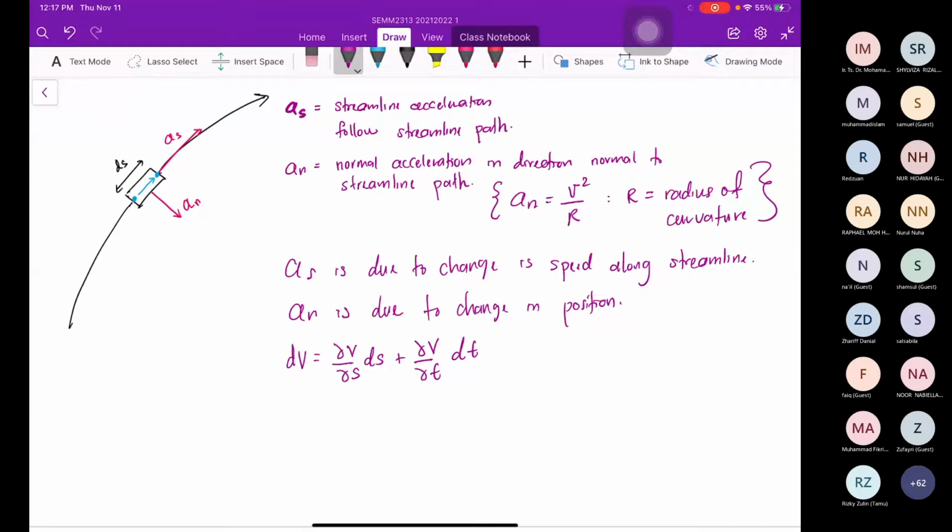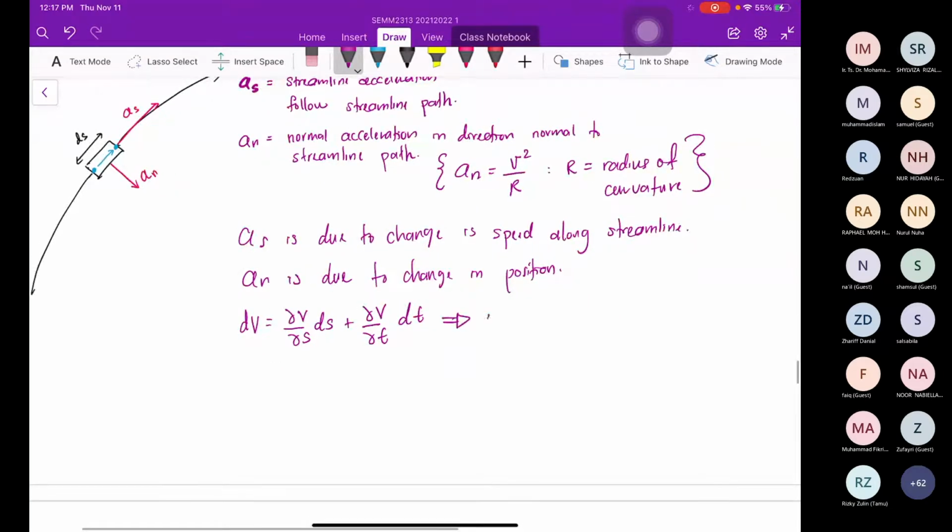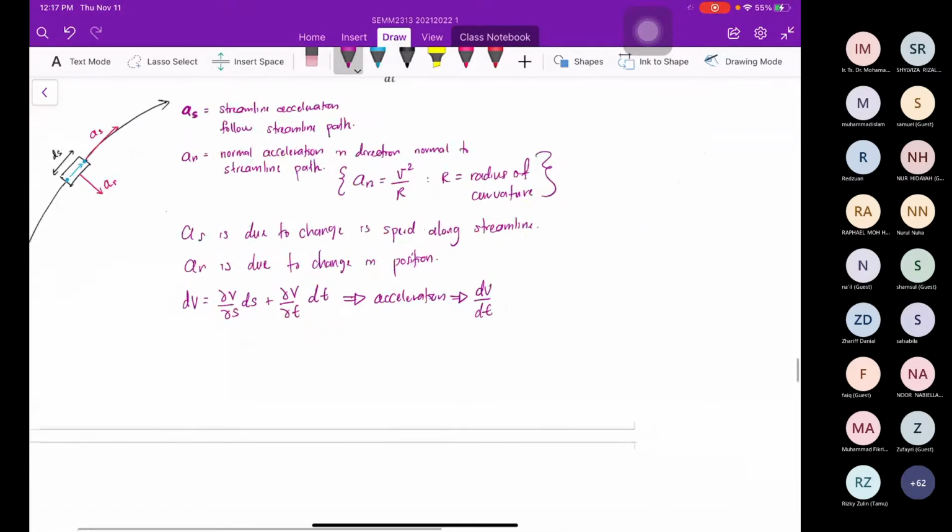Thus, the acceleration dv over dt equals the partial derivative of v over the partial derivative of s times ds over dt, plus the partial derivative of v over the partial derivative of t times dt over dt.